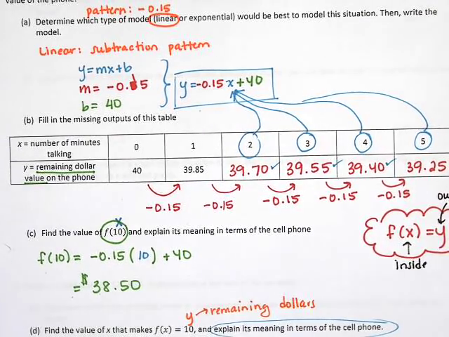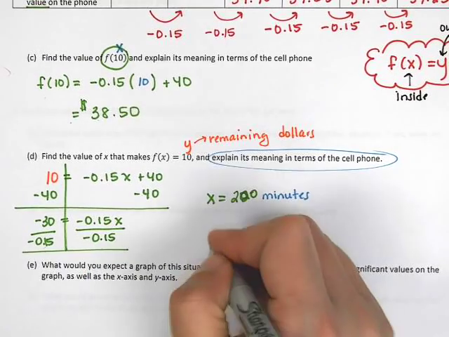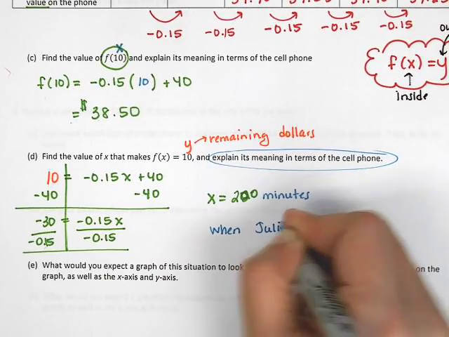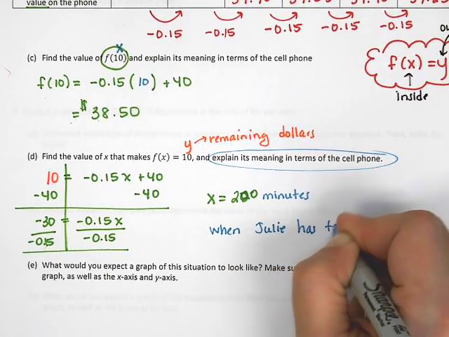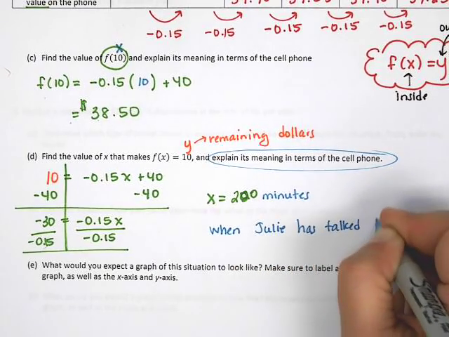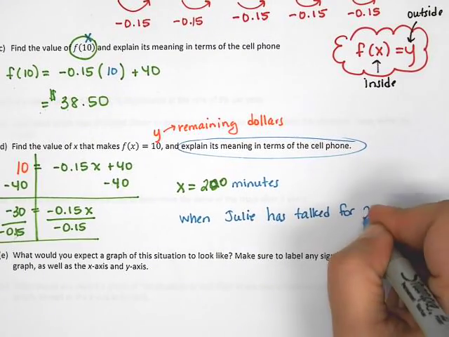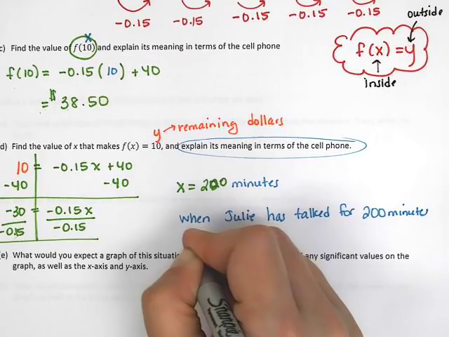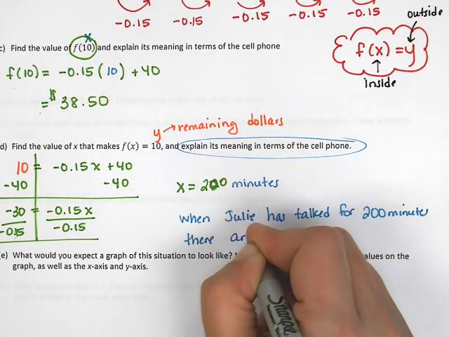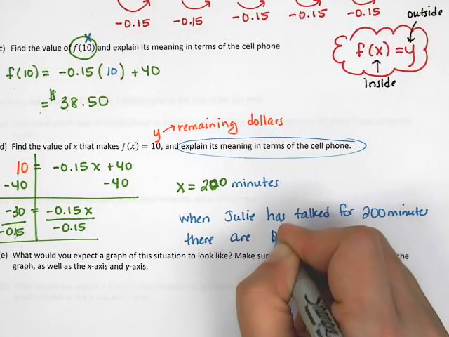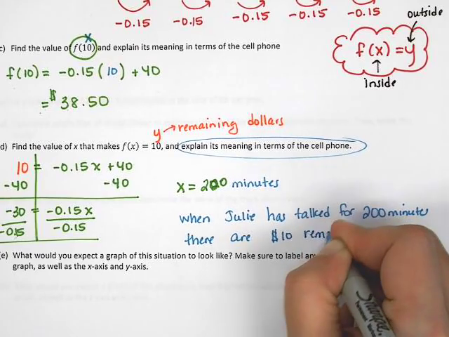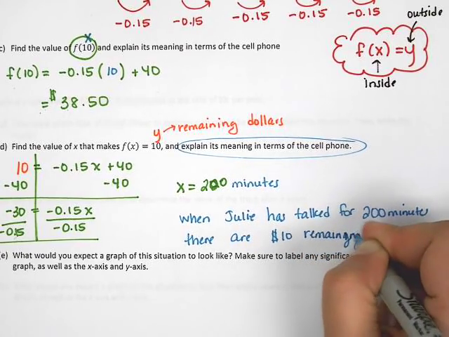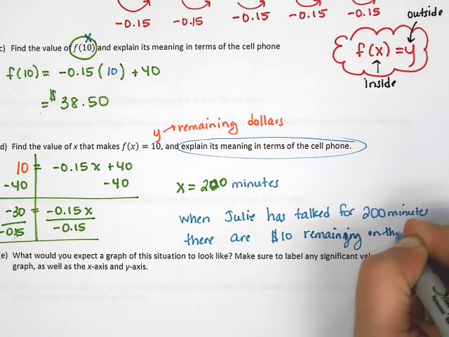So to explain my thinking here, what I would say is when Julie has talked for 200 minutes, there are $10 remaining on the phone.